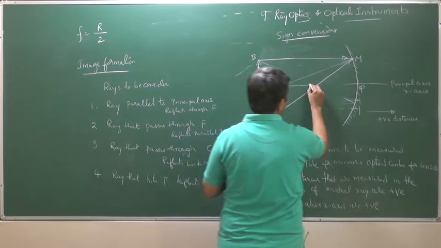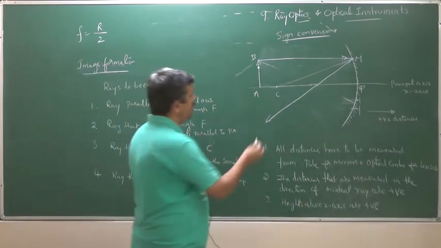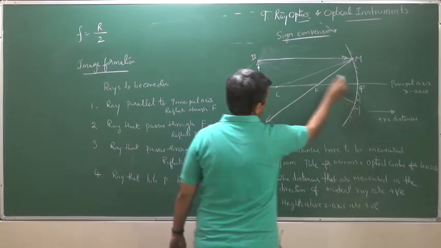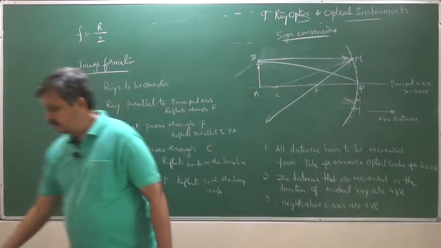So this is actually our original first ray. Now, if I take one more ray directly to P, from here to here, P, a straight line.